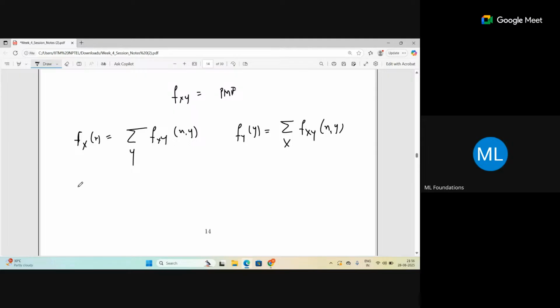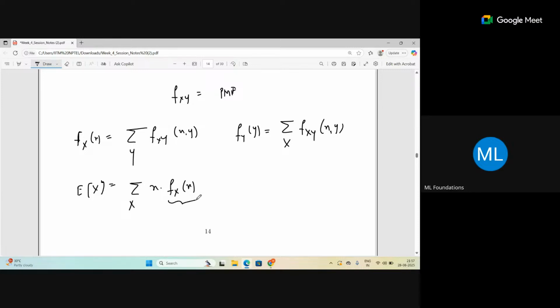Then what is the expectation of x in this case? It is the summation over the range of x, and that is x into f of x of x.